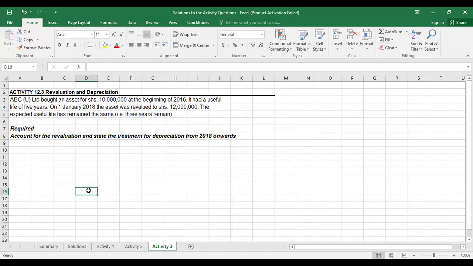It had a useful life of 5 years. On 1st January 2018, the asset was valued at 12 million. The expected useful life has remained the same, i.e. 3 years remain, because they used 2 years, that is between 2018 and 2016. Required: account for the revaluation and state the treatment for depreciation from 2018 onwards.